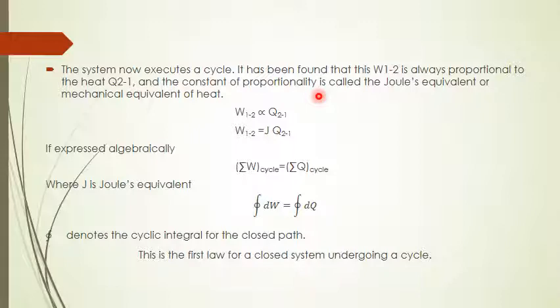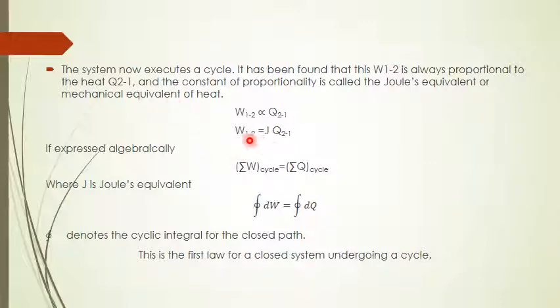So from the experiment, it is found that the work which is added to the system in the process 1 to 2 is directly proportional to the heat rejected by the system in the process 2 to 1. Mathematically, work is directly proportional to heat. If you remove the proportionality sign, you get the proportionality constant. That constant we call Joule's equivalent or mechanical equivalent of heat.